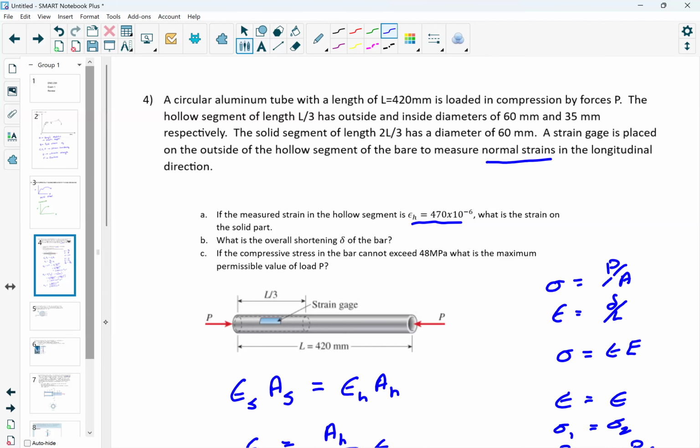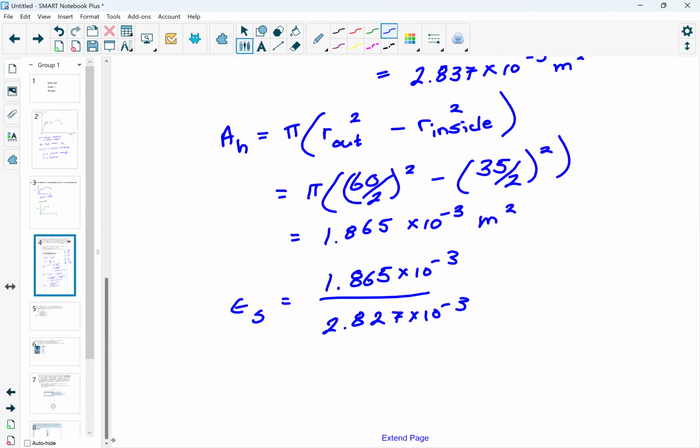No, 470 times 10 to the negative 6. It's okay. All right. So we end up then with 3.101 times 10 to the negative 4th. So that's the first part of the problem.